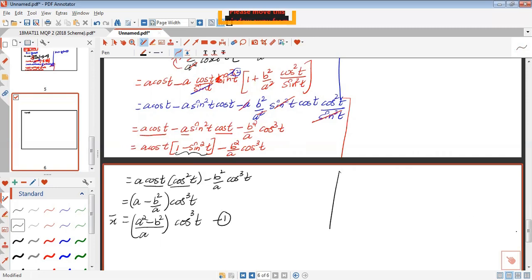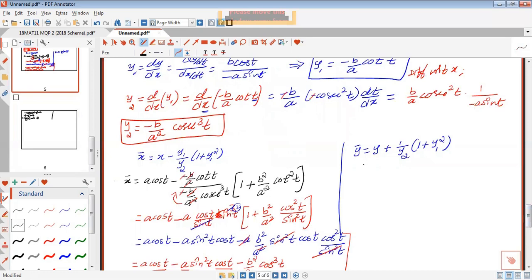Similarly, substitute the values of y1 and y2 as well as y in the equation for y bar, that is b sin t is the value of y, plus 1 divided by the y2 value, which is minus b by a square times cosecant cube t, and the value of 1 plus y1 square, again y1 square is b square by a square cot square t.